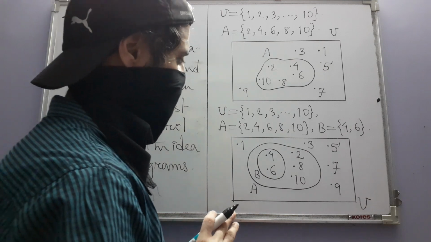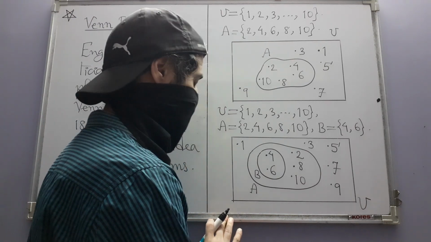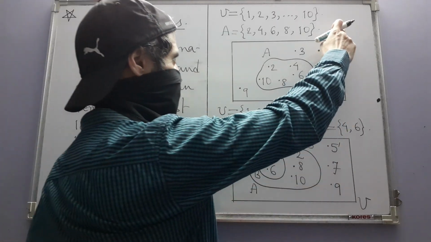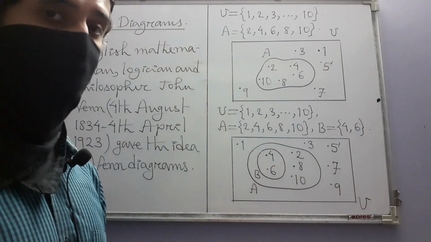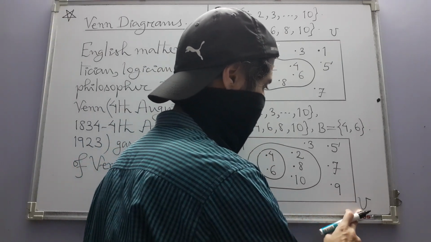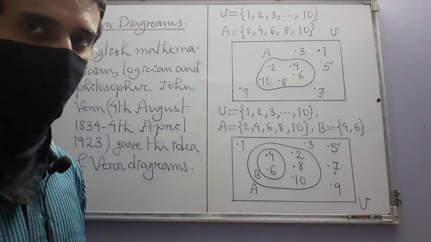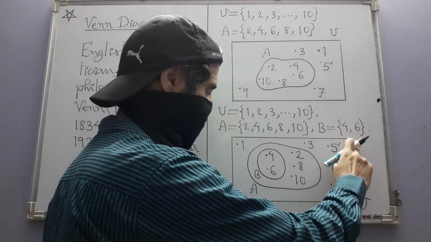Alright. Besides these things, what else is there to say? Oh yes, where do you write these letters, the set names? You write them just beside that region, outside that region. Exactly where you write them does not matter.